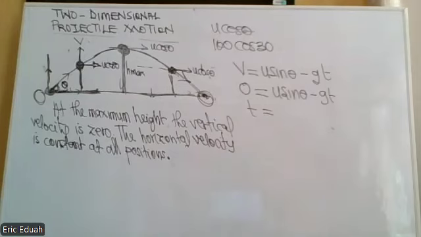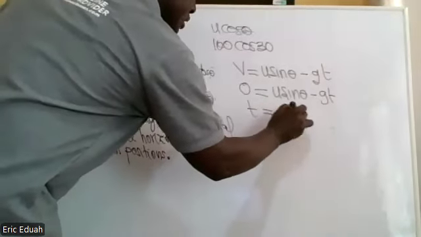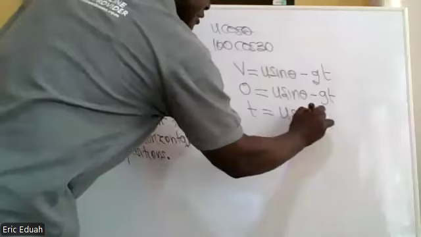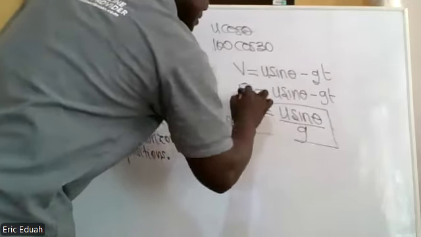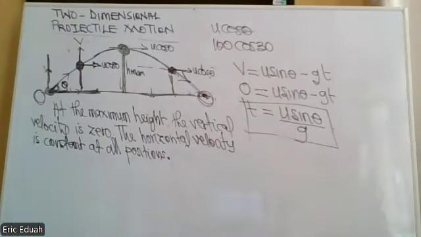Say u sine theta over g. This is the short equation which will help you calculate the time taken to reach the maximum height.